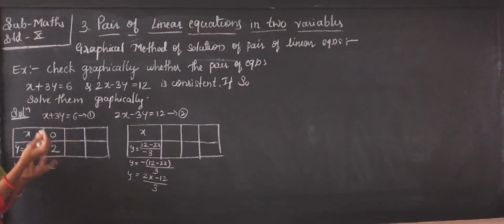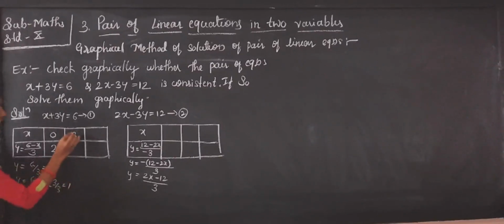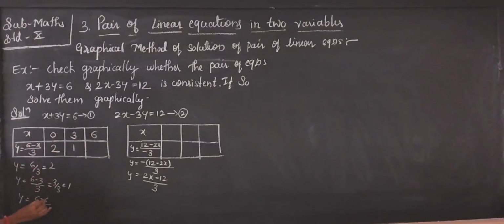Then y is equal to 6 minus 3 divided by 3, that is 3 by 3, which gives us 1. When x is equal to 3, y is equal to 1. Next we take x as 6. Then y is 6 minus 6 by 3, which gives us 0. When x is equal to 6, y is equal to 0.